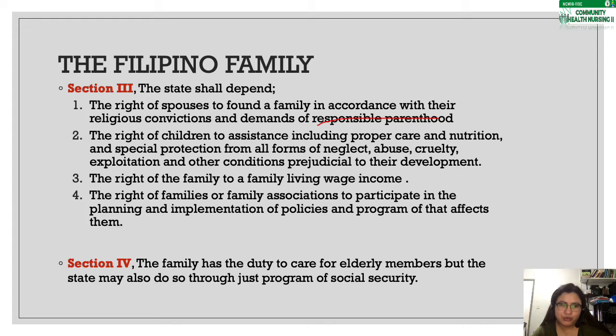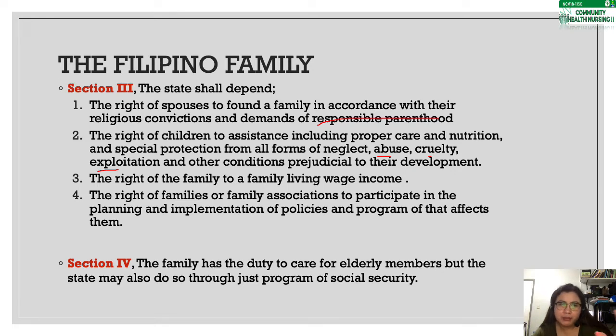Under Section 3 also, there is the right of the children to assistance, including proper care and nutrition, and special protection from all forms of neglect, abuse, cruelty, exploitation, and other conditions prejudicial to their development. The best interest of the children shall be a paramount consideration in all actions concerning them.